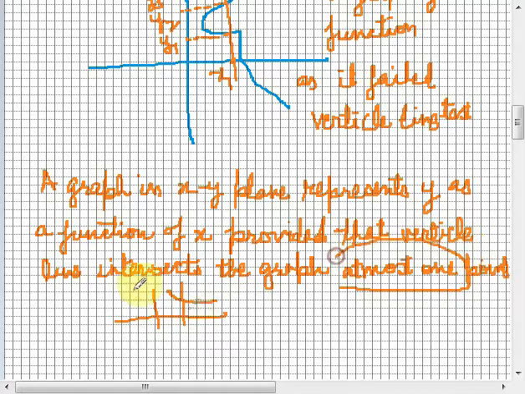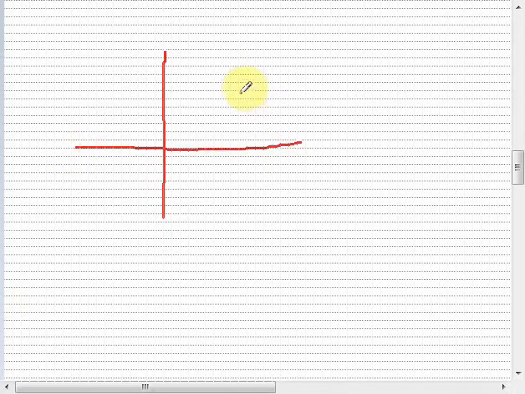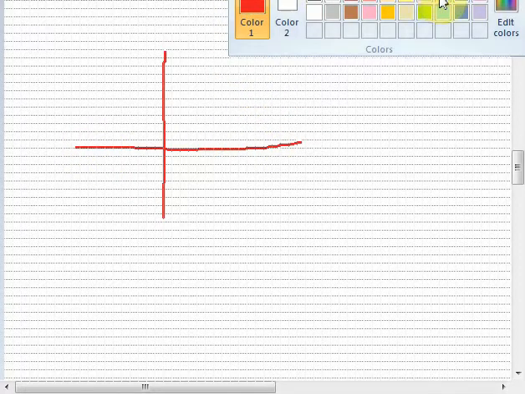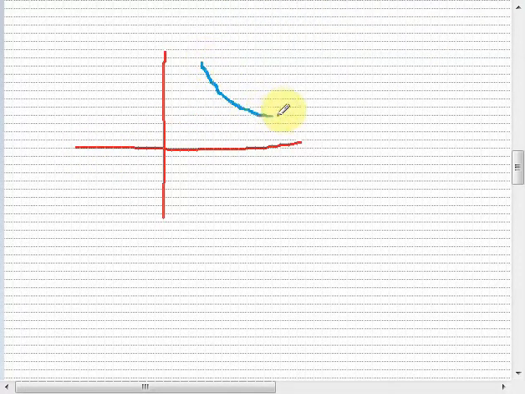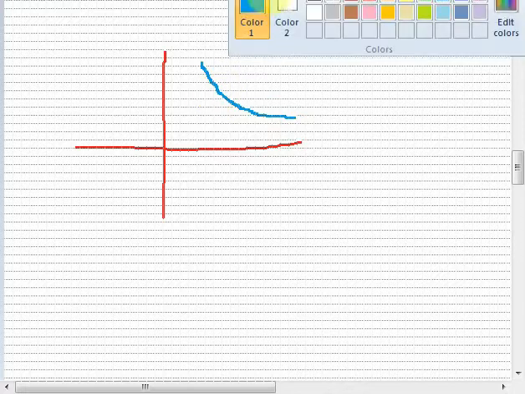Suppose we draw a vertical line here. This is a vertical line. I will draw again. Suppose this is the graph. This is the axis. Our graph is like this. We draw a vertical line like this.